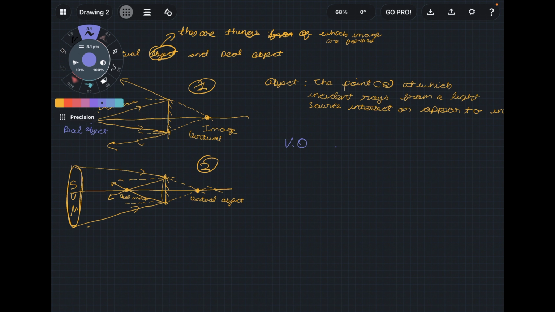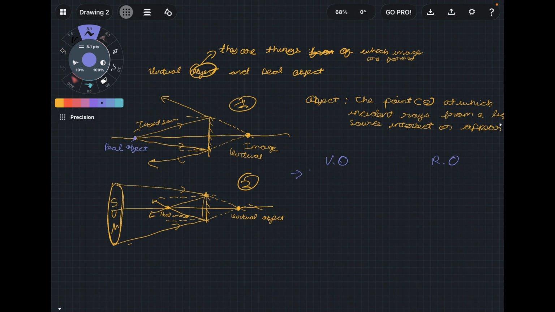Virtual object: the fundamental difference is where incident rays appear to intersect.